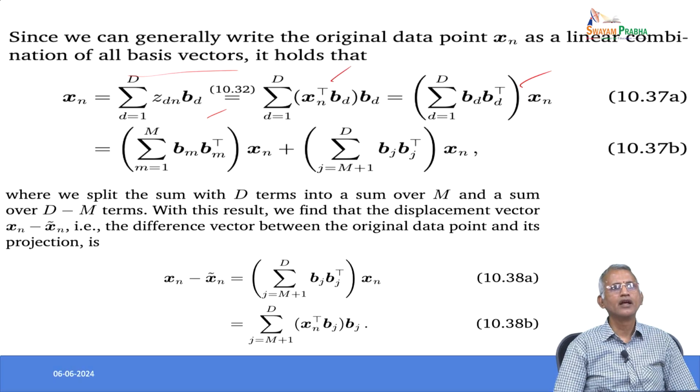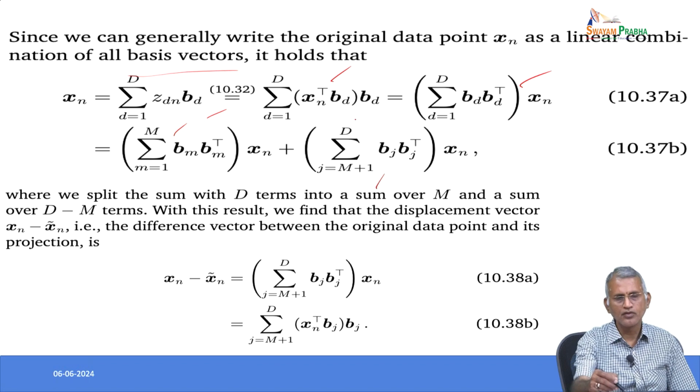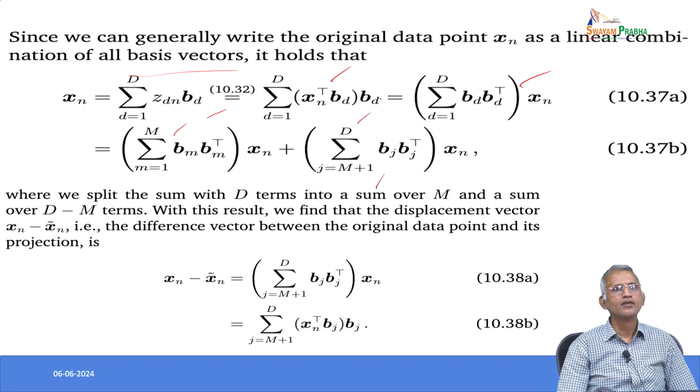Now, we split d equal to 1 to D into 1 to M and M plus 1 to D. First part: replace d with m, and b_m transpose x_n will come. Second part: M plus 1 to D, b_j into b_j transpose x_n.